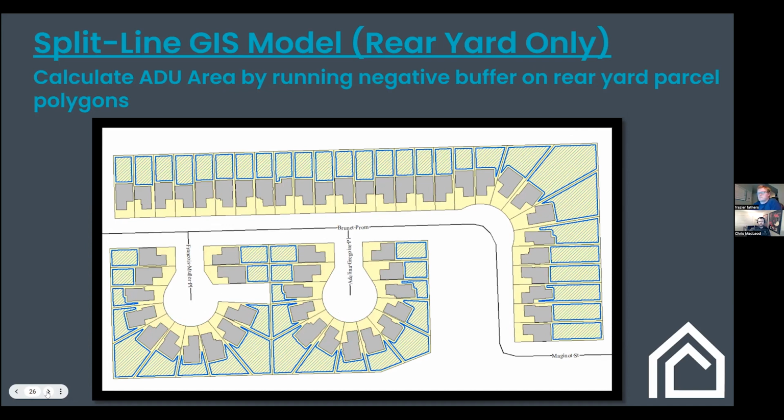We eliminate the front fragments of ADU buildable area that might be present in the front of the buildings or in the front yard. And we've also eliminated those side yard buildable areas, which we don't want to show. So we've been able to create a more accurate buildable area for these municipalities that require rear yard only.